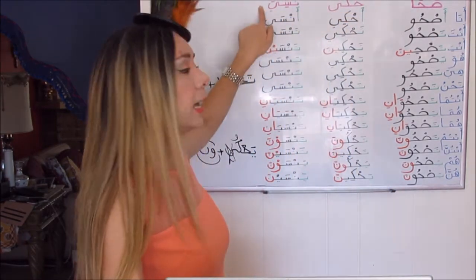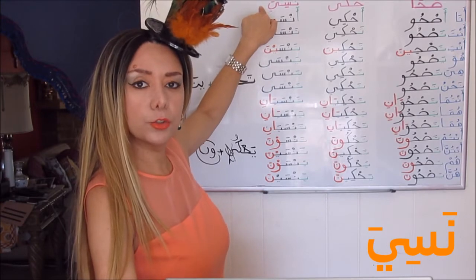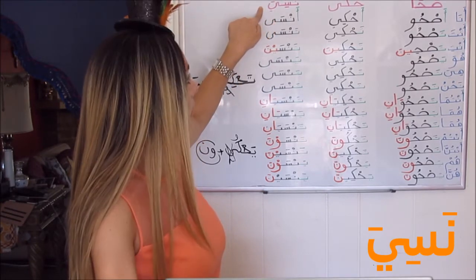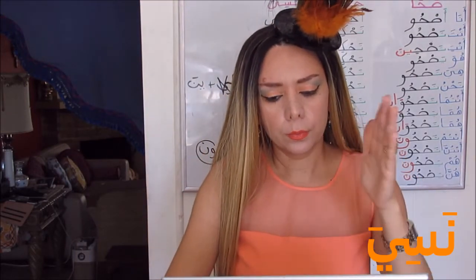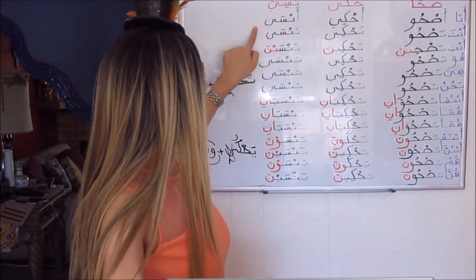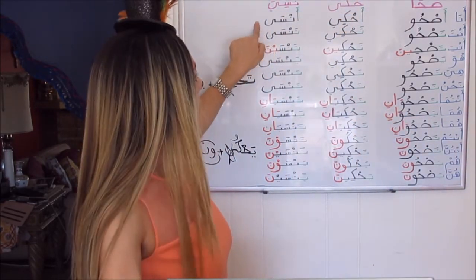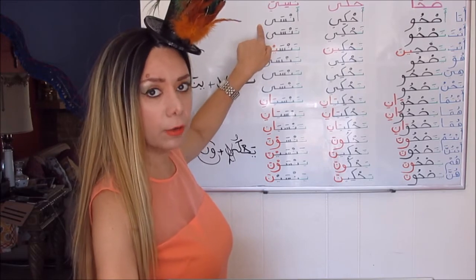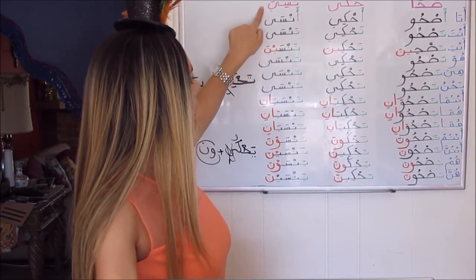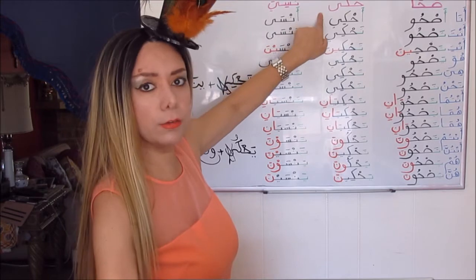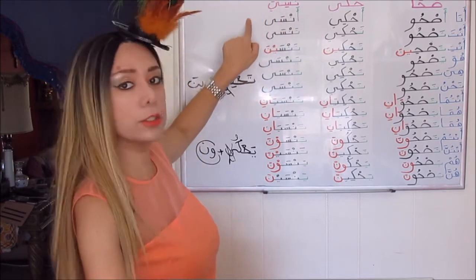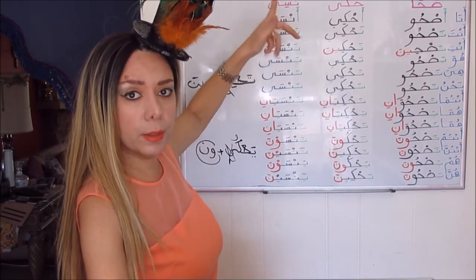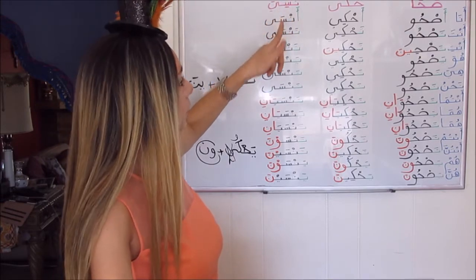So here, nasiya, to forget, nasiya. So the letter, this shortened alif, like with this example, ana ansa, I forget, ansa, see here. Here from the shortened alif to a ya, and here from a ya to a shortened alif. We flipped everything here.